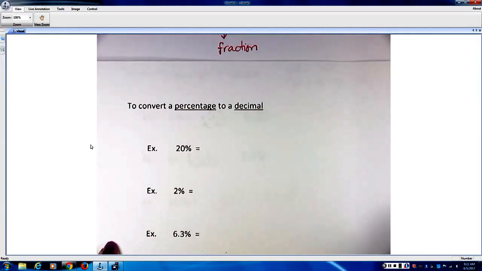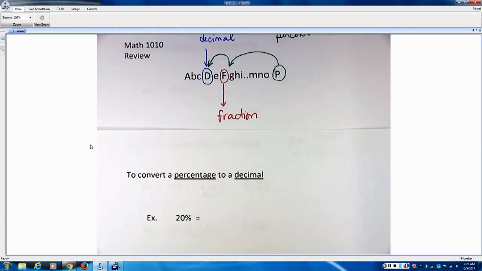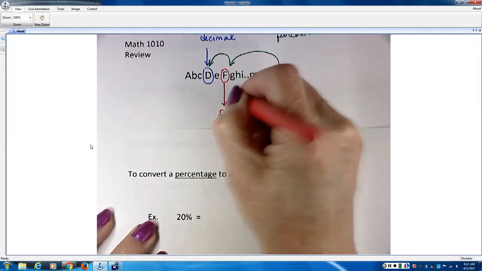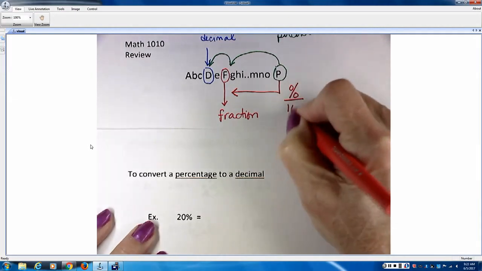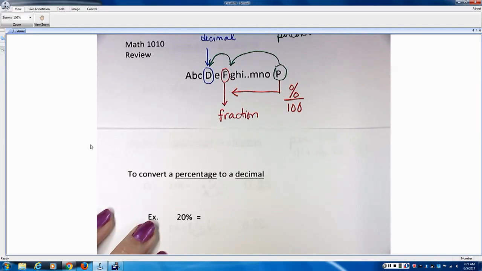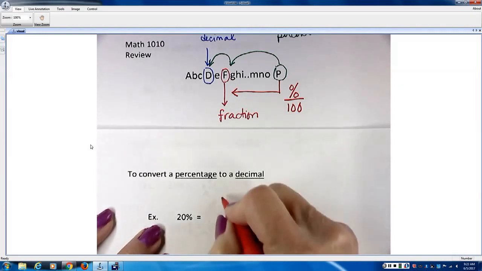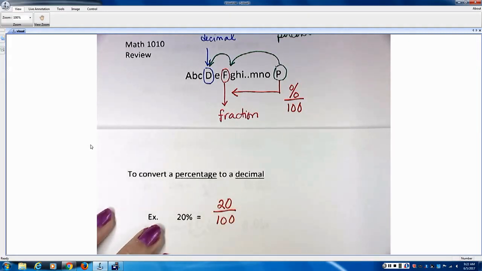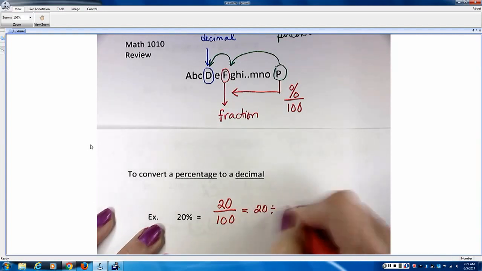Our next step is to convert from a percentage to a fraction. And again, if you're going from percentage to fraction, you put the percent over 100. So 20% is 20 over 100, which is the same thing as 20 divided by 100.